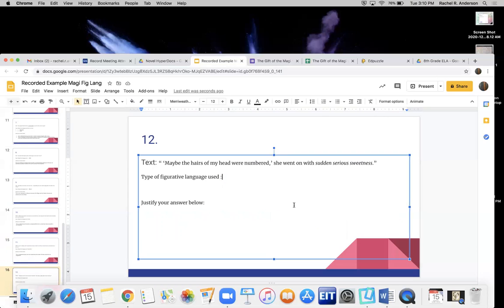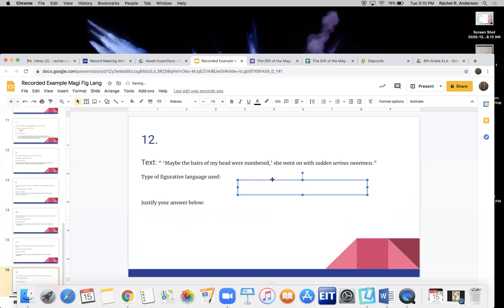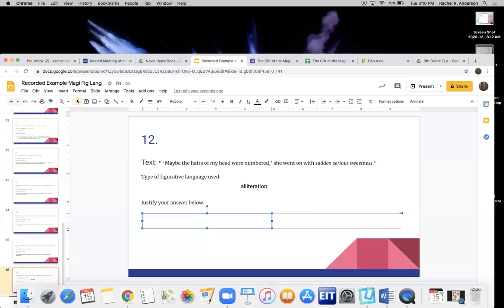Our text 12 says, maybe the hairs of my head were numbered, she went on with sudden, serious sweetness. And again, your italicized words are sudden, serious sweetness. So we know that that sound being repeated is considered alliteration. And we can just say that in our justification, right? The alliteration one should start to be getting really noticeable to you, right?